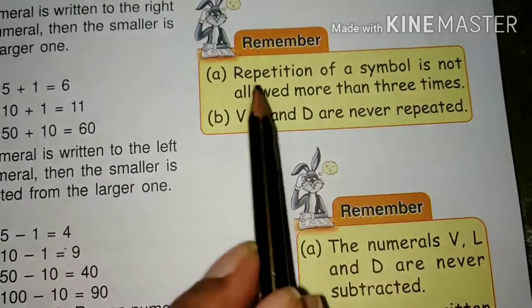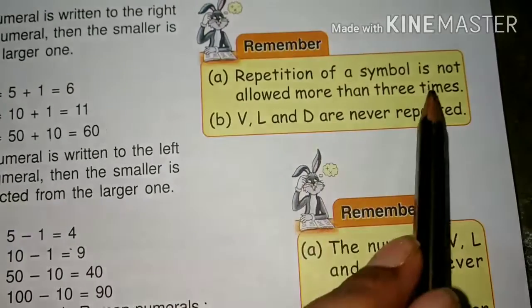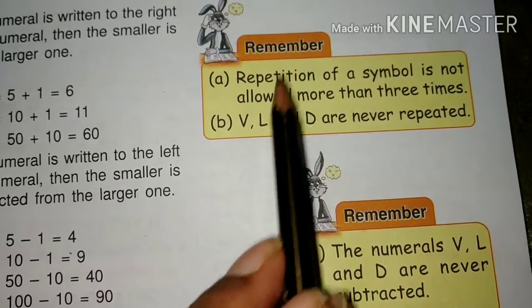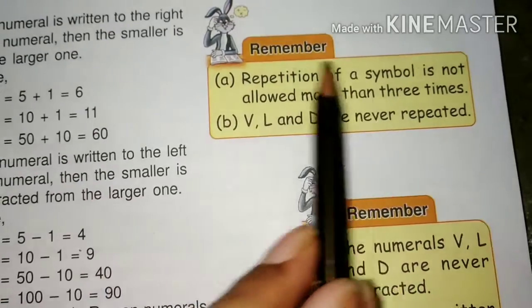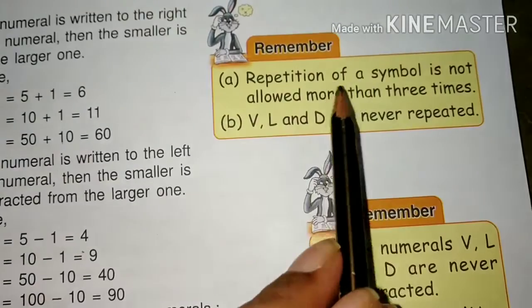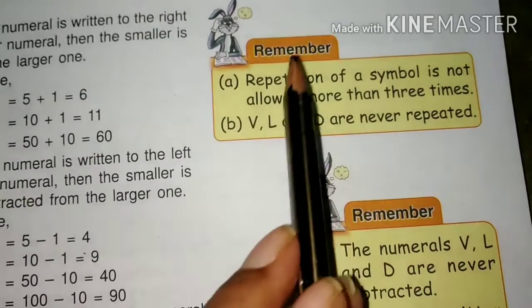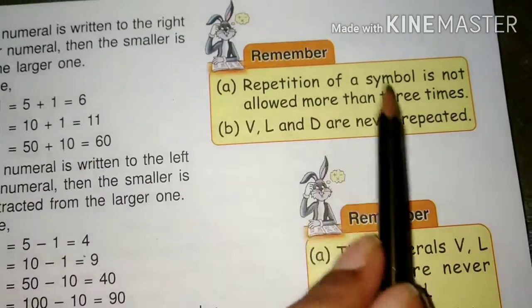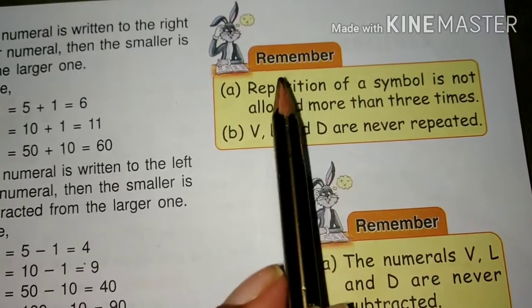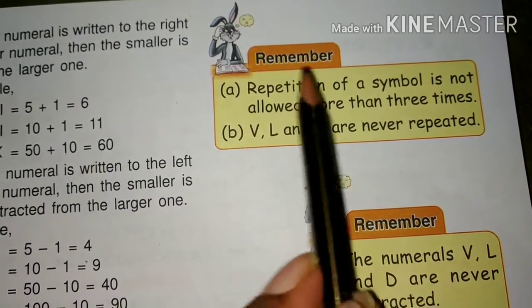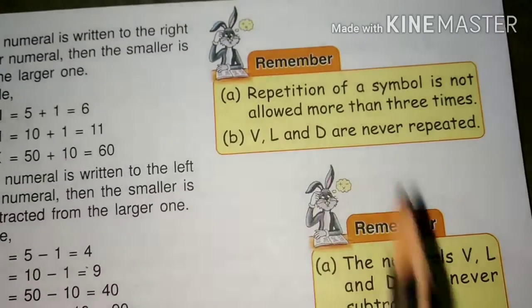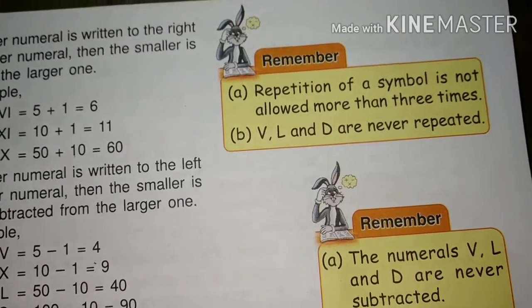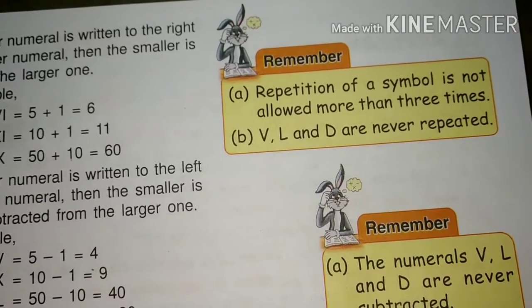We are not repeating the symbol more than 3 times. For example, if we have to write 4, then we will write IV. We will not write IIII because we are not repeating the symbol more than 3 times. So for 4, we will write IV.